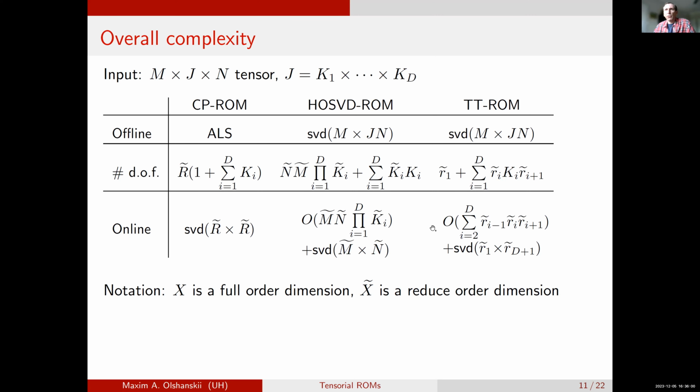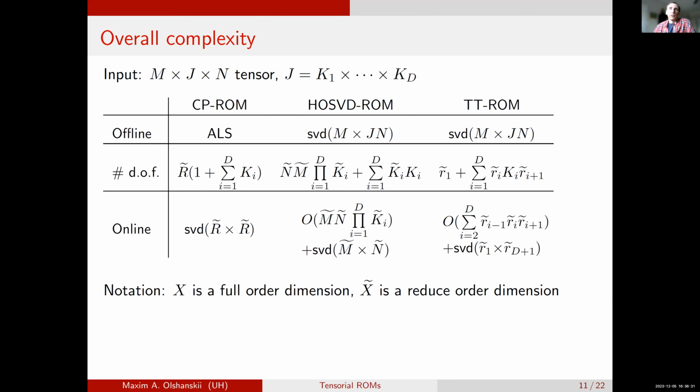If you look carefully into complexity, for example comparing high order SVD and TT, you see that in high order SVD we have products of tensor ranks. Which means if D, the dimension of the parameter space, is large, we have exponential growth of the complexity, and we don't have this exponential growth for TT.